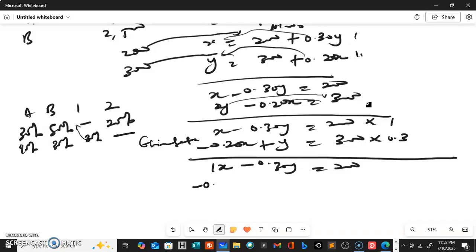Minus 0.06. That will be because we have the plus sign here, and 0.06, which is 0.3 times 0.20.